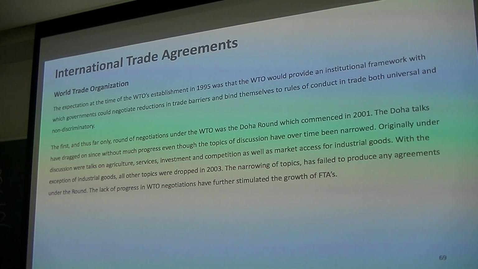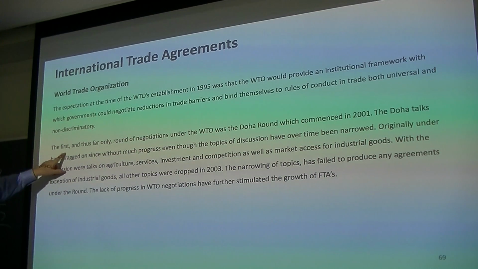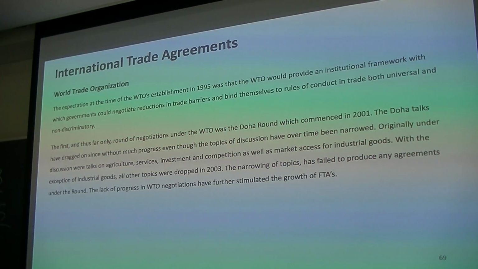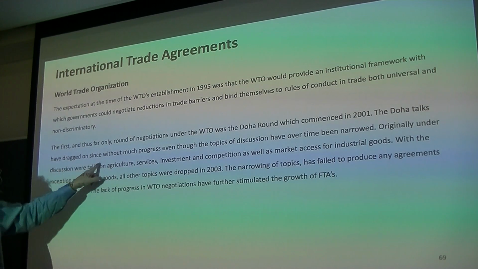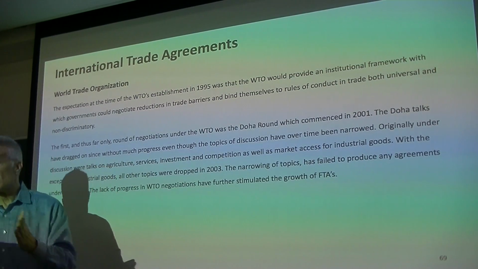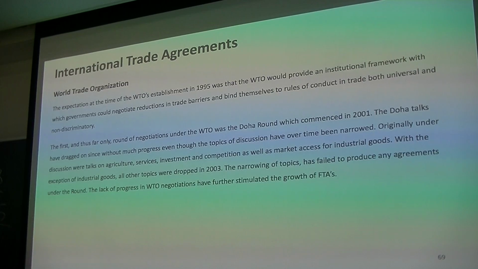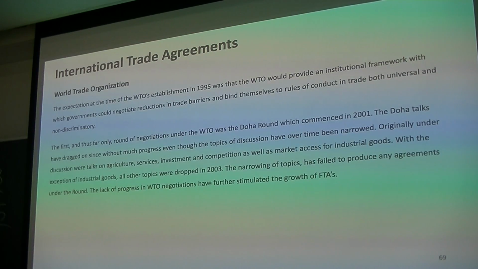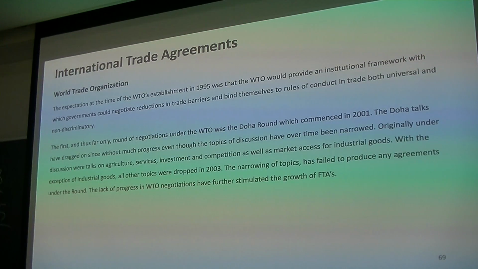The problem was that the only round of negotiations under the WTO was the Doha round, and that started in 2001, and the talks have never completed. They've narrowed the topics of discussion over time. You're talking now about 16 years. There's just not much product.